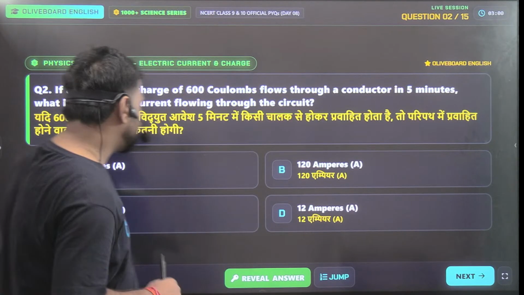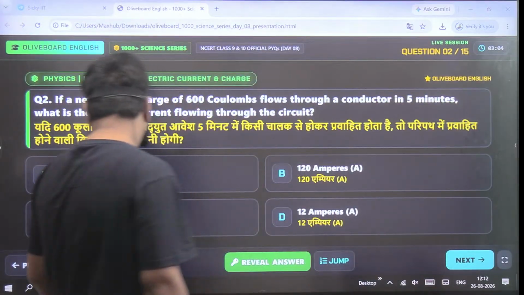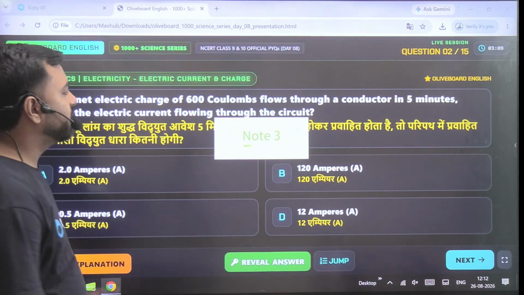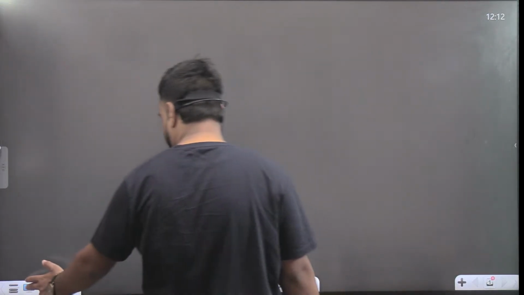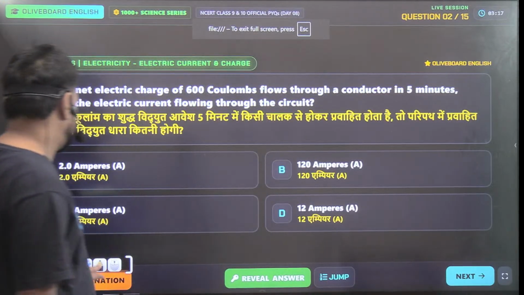So for questions like these, it feels like we can directly use the formula Q is equal to IT, or we can say I is equal to Q by T, but that is not going to work here. Now, what's the reason behind it?